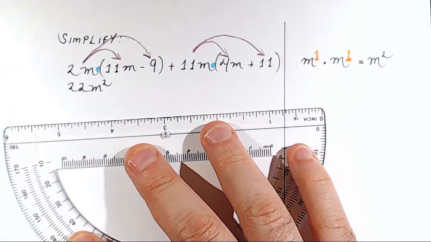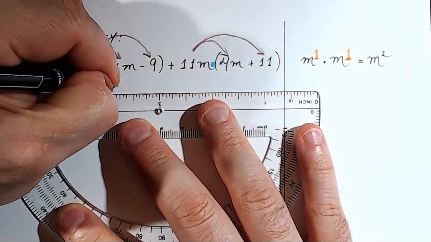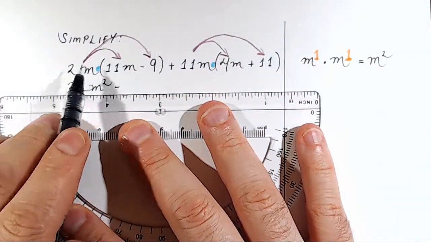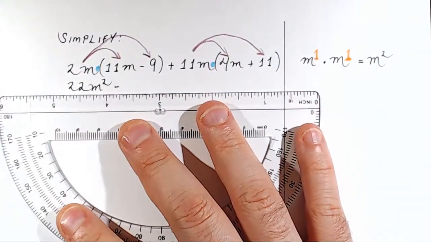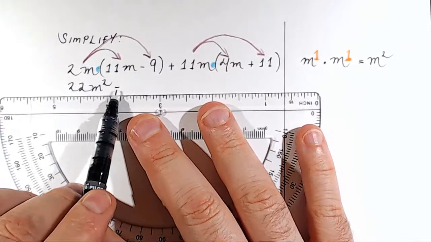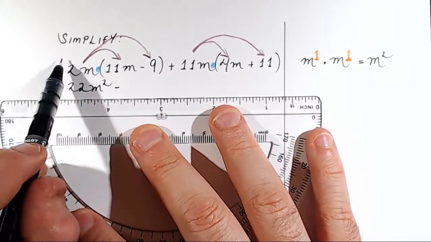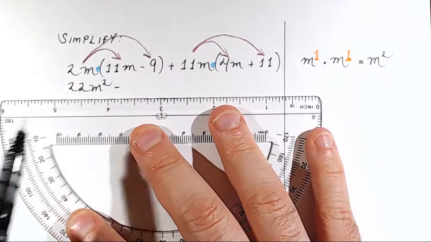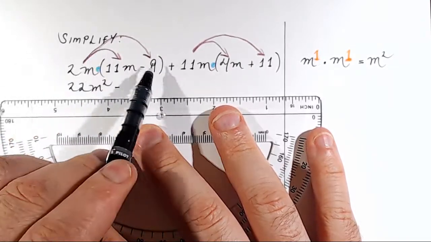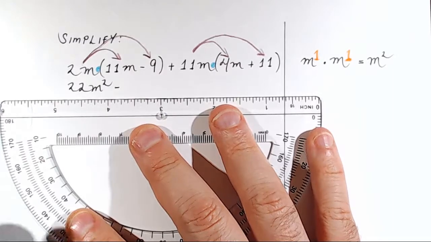22m squared minus, now we have 2m times negative 9. You can either put the minus sign and multiply 2m times 9, or you can just multiply 2m times negative 9 and you'll end up with the same thing.